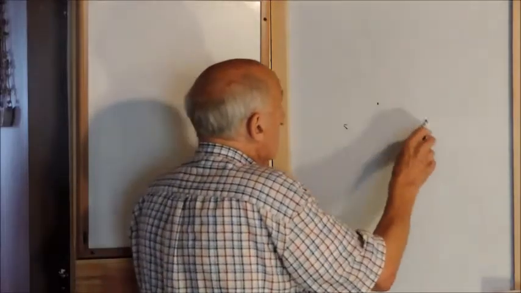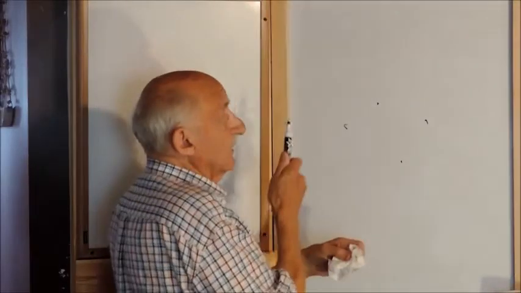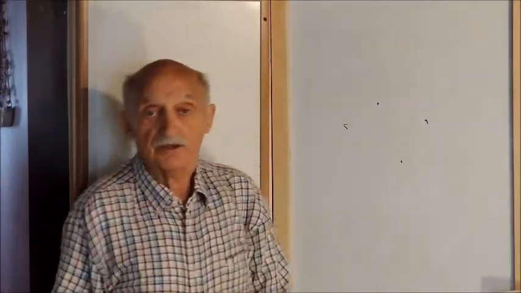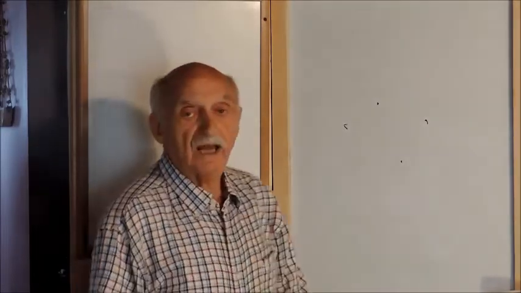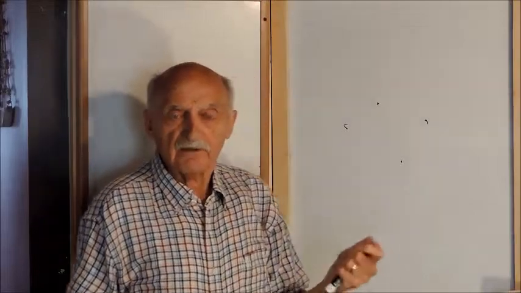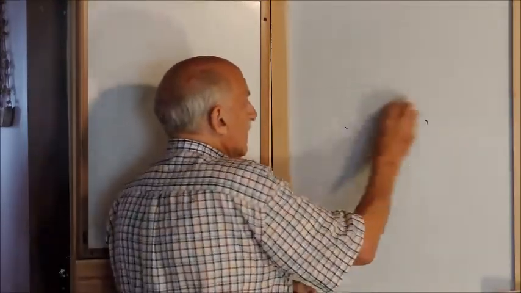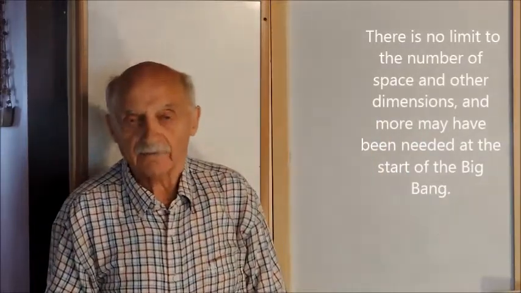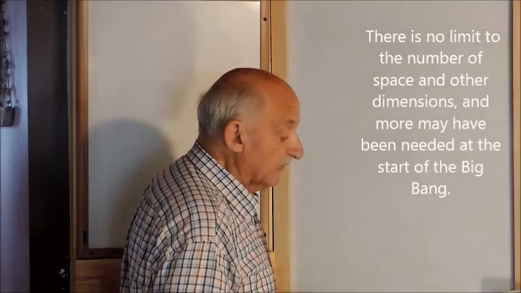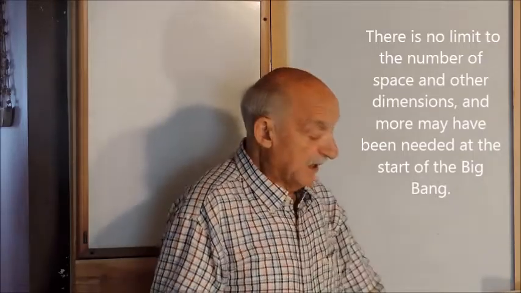So you've got 1, 2, and 3, and then have another one out here, another one out here, and now there is no limit to the number of units you can have. So 1 is not enough, 2 is not enough, 3 is enough. And I rather think that nature adds up this way: 1, 2, and enough. So that's why we have 3 dimensions of space.